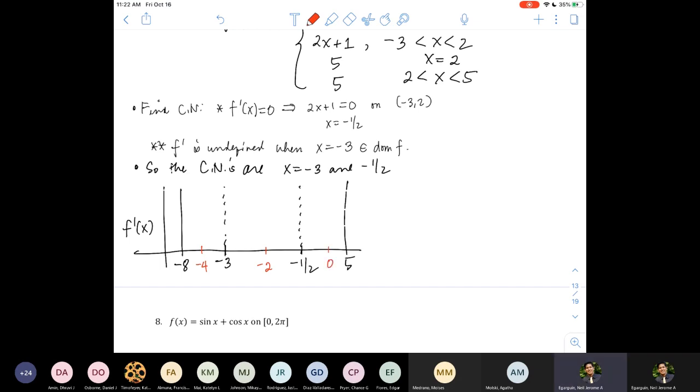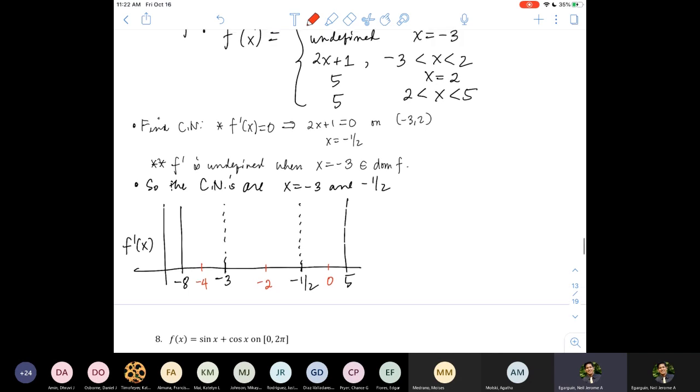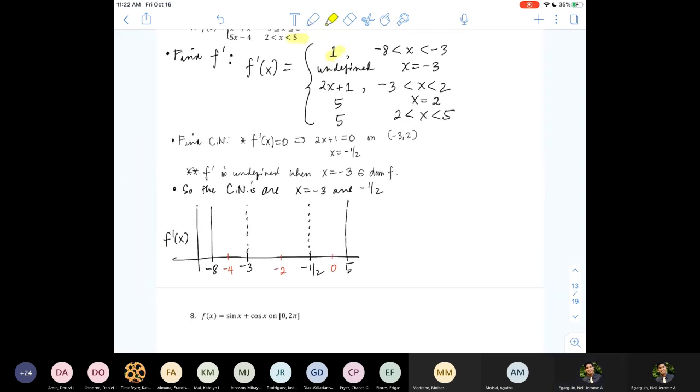Then we plug them into the derivative. -4 belongs to the first condition, so the derivative has value 1, which is positive. And -2 belongs to which interval?